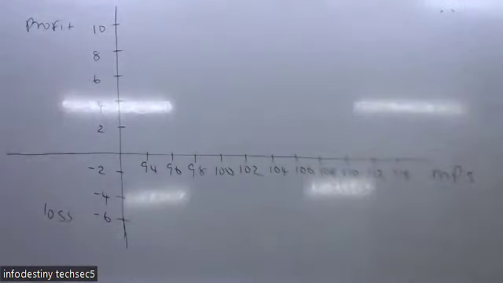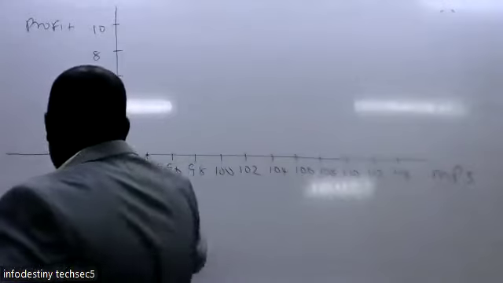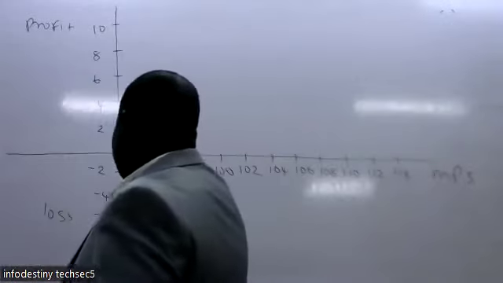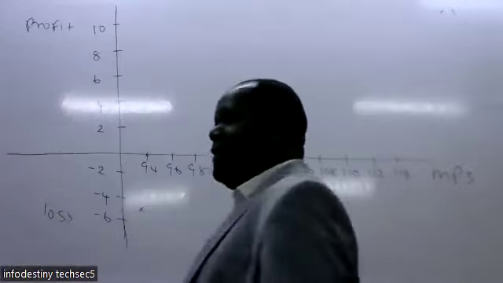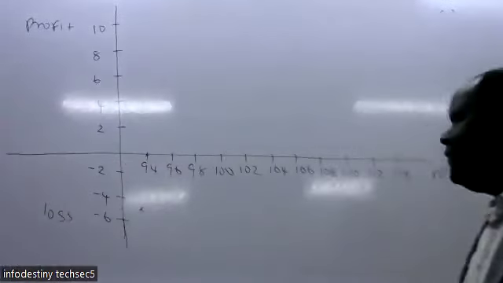The loss is 5. -5. Yeah, so when it is 94, -5 is somewhere here. So you just locate that point. 94, then a loss of 5.